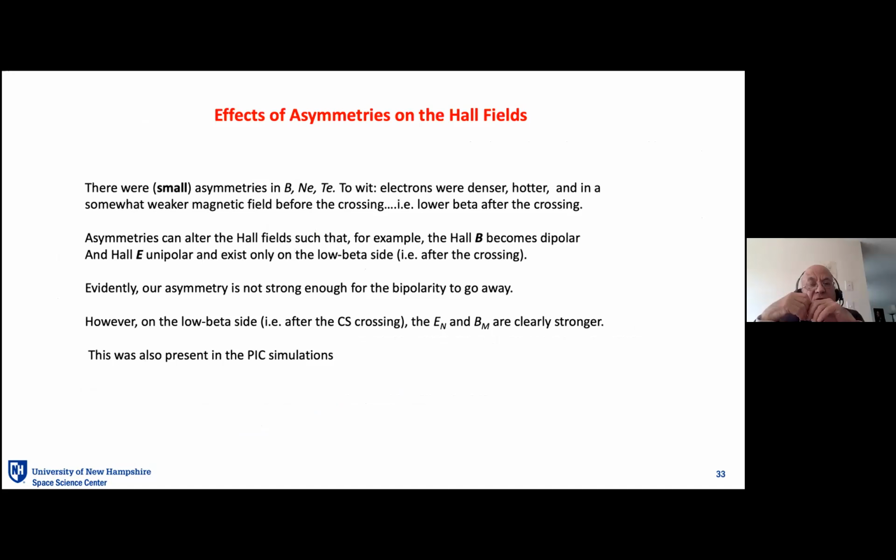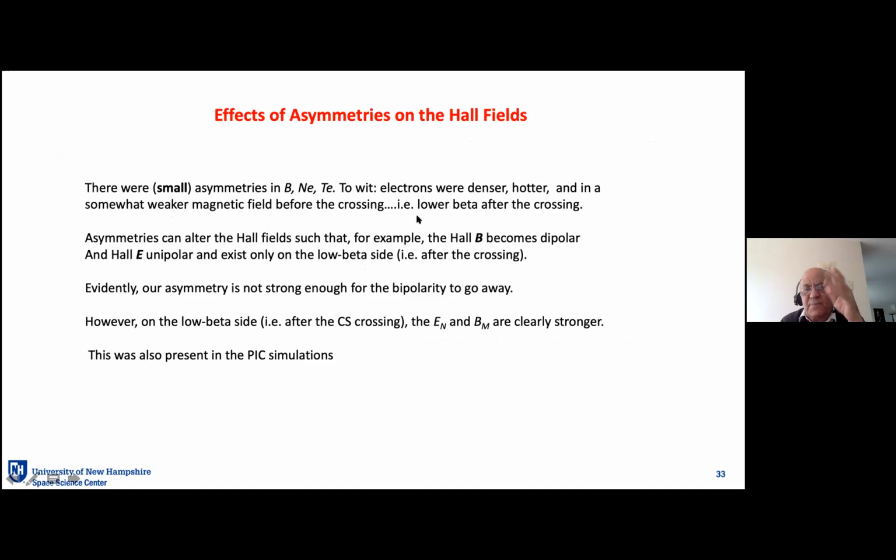And now we return to the effects of asymmetries in the Hall field. Remember that in the tail, typically, you don't expect asymmetries, but we did have some small ones in B_N, E_N and T_e, where the electrons were denser, hotter, and in a somewhat weaker magnetic field before decrossing. They were in a lower beta after decrossing.